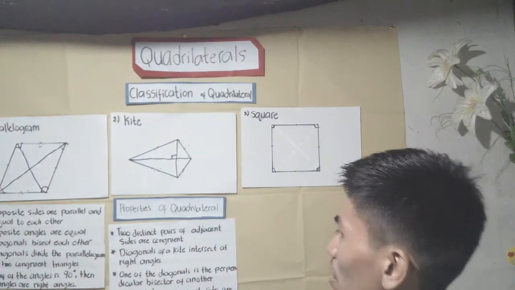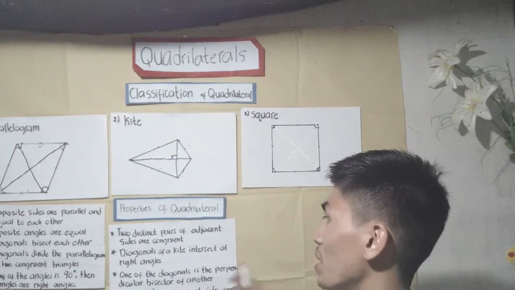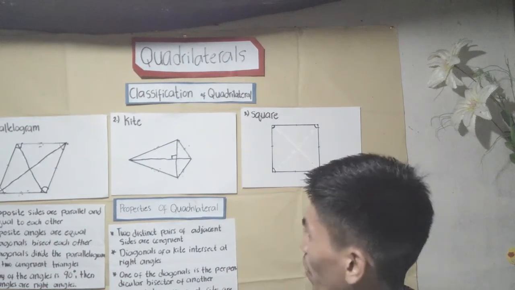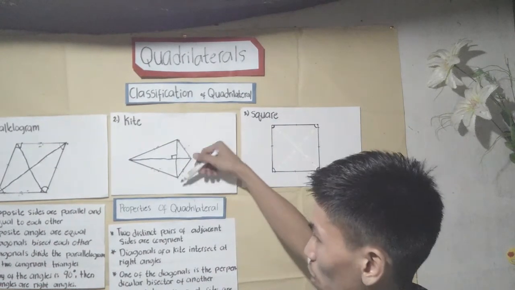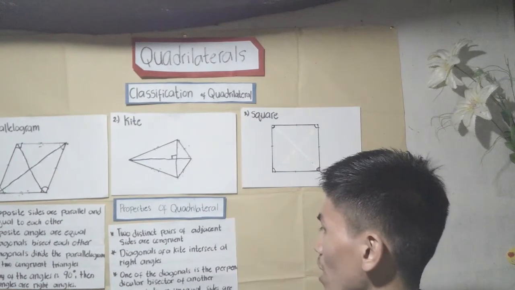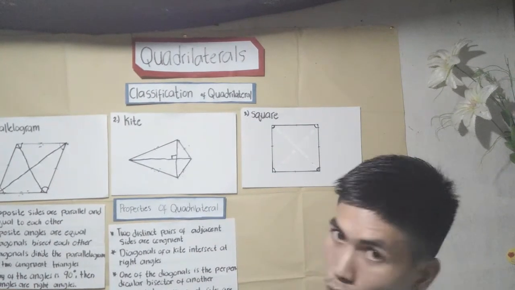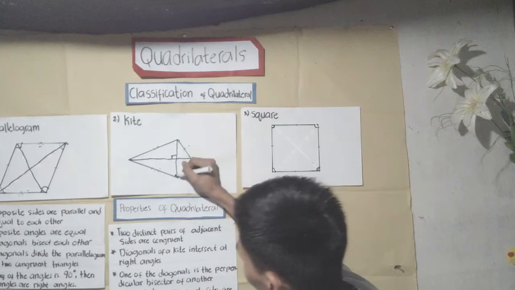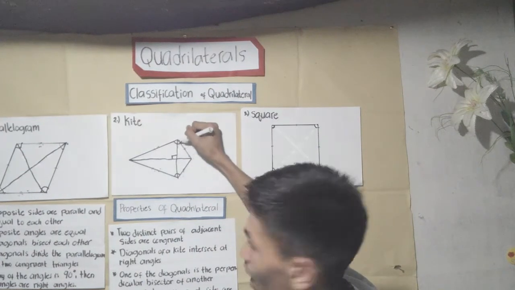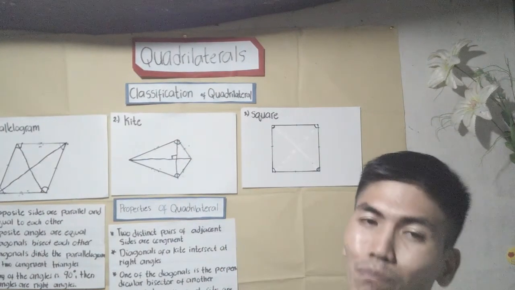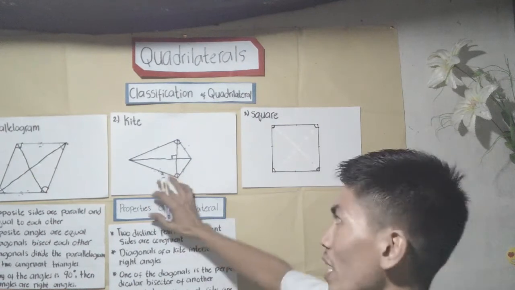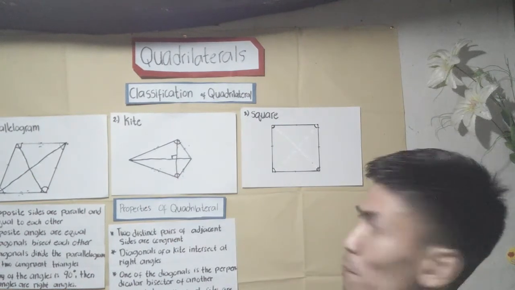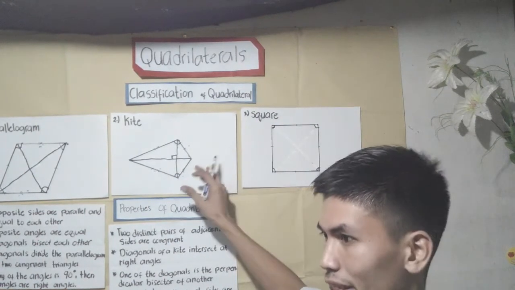Then one of the diagonals is the perpendicular bisector of the other. This is the bisector. Then angles between unequal sides are equal. So this angle and this angle are equal. They have the same measure. So that is the properties of a kite.